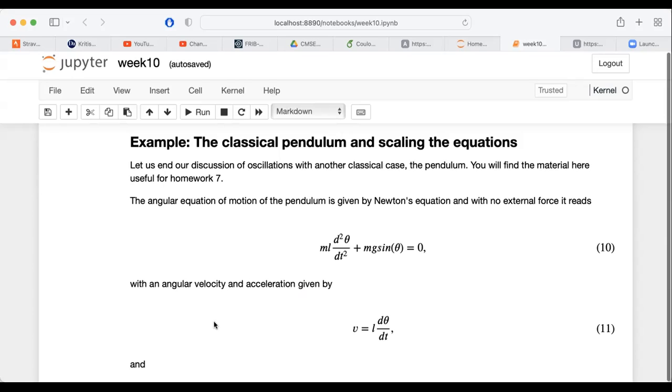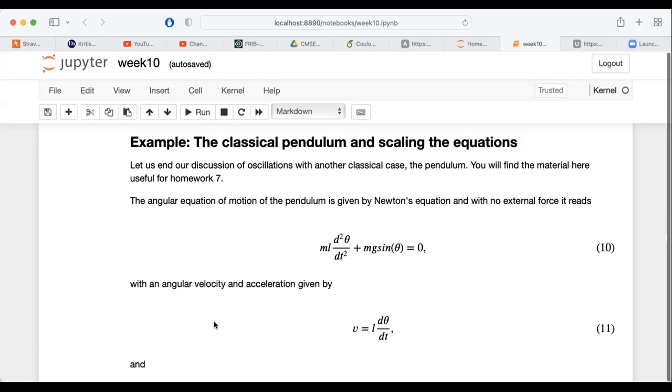Then, in the same way as we did for harmonic oscillations with a spring force, we could now add a term which depends on the velocity, which is simply given by the change in the angle, right? Multiplied with the length. So that would be the velocity which we have here.